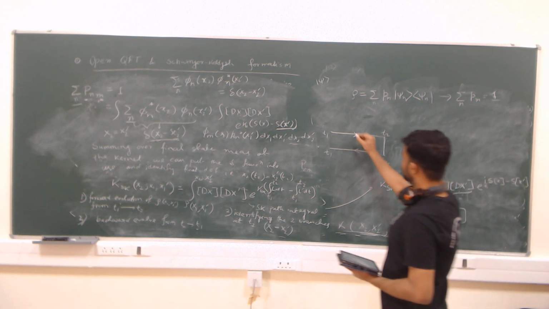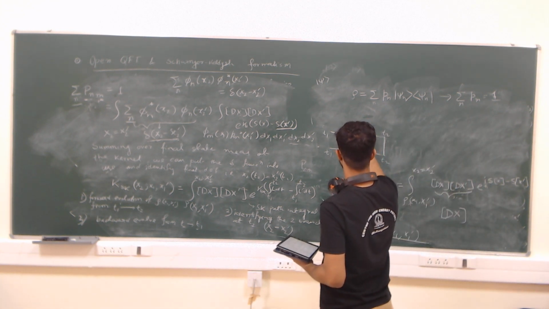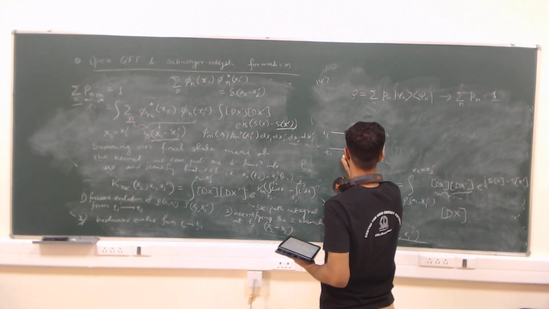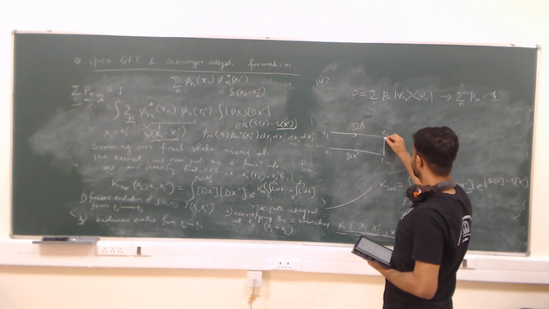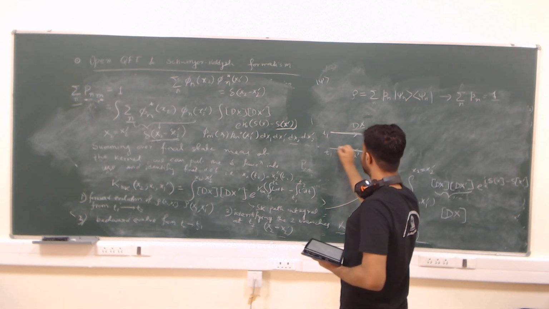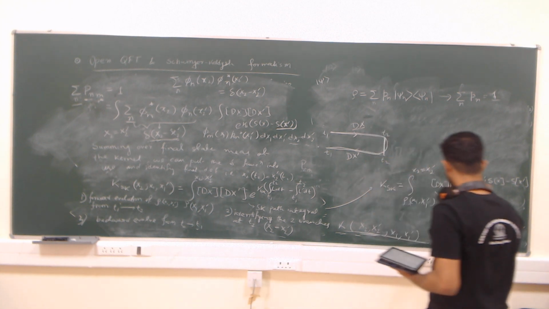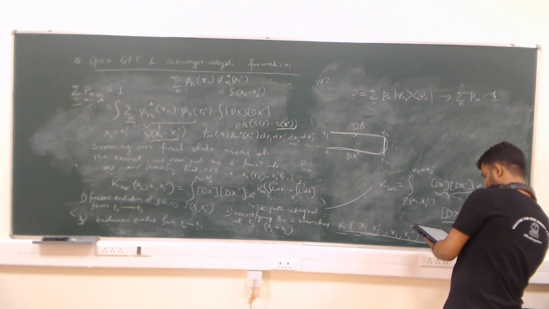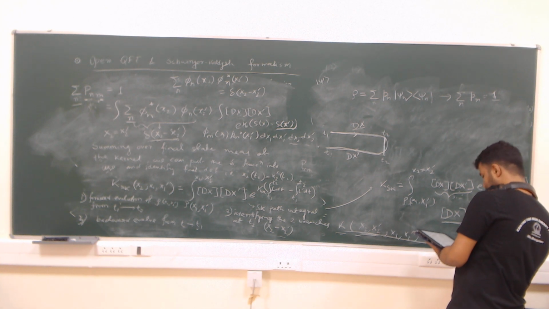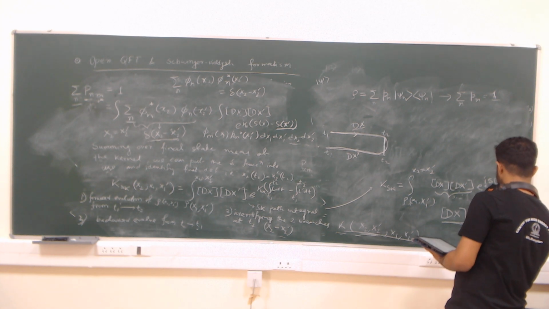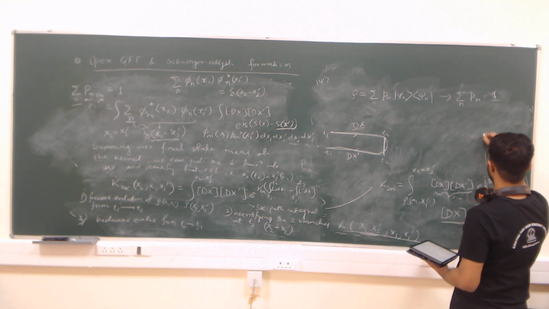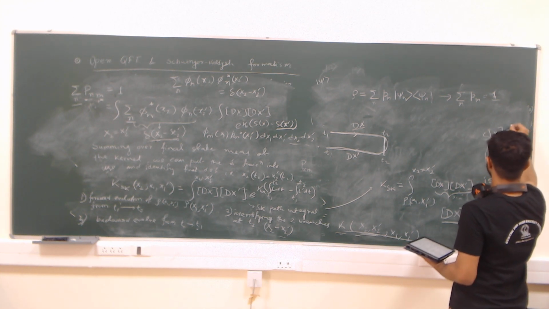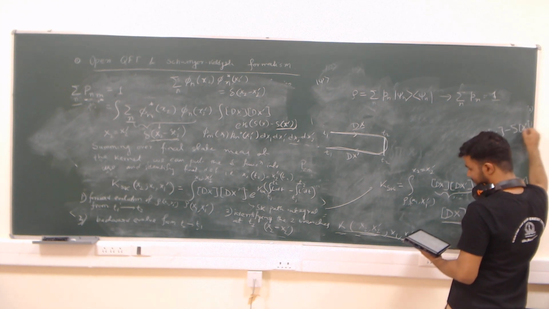So basically, this was my dx branch, and this was my dx prime branch. Now for this branch and this branch, the final values I have identified with each other. So this whole contour I can now think of as a single Schwinger-Keldysh contour, which can be written as just dx, and this final thing again as Schwinger-Keldysh x prime. So this is called the Schwinger-Keldysh action, which in this case is of course sx minus sx prime, and they are decoupled.